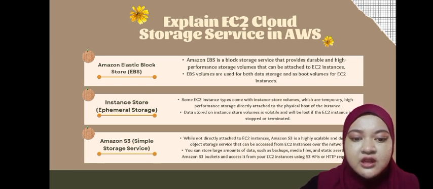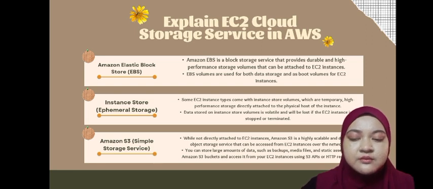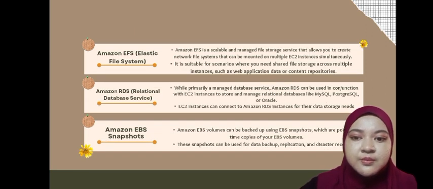You can store large amounts of data, such as backups, media files, and static assets in an Amazon S3 bucket and access it from your EC2 instance using the S3 API or HTTP requests. Next is Amazon EFS, or Elastic File System.